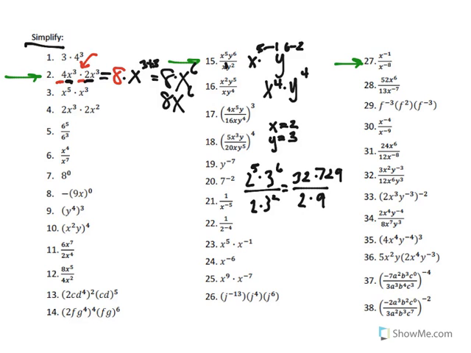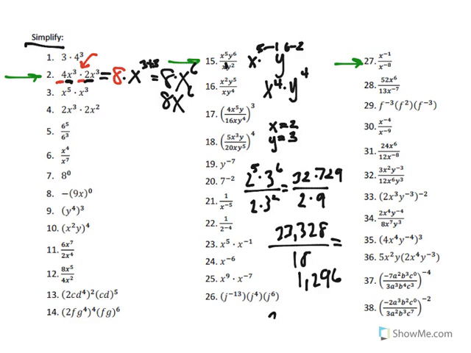I expand my answer. Up top, I get 23,328 divided by 2 times 9 gives me 18. I divide and I get 1,296.